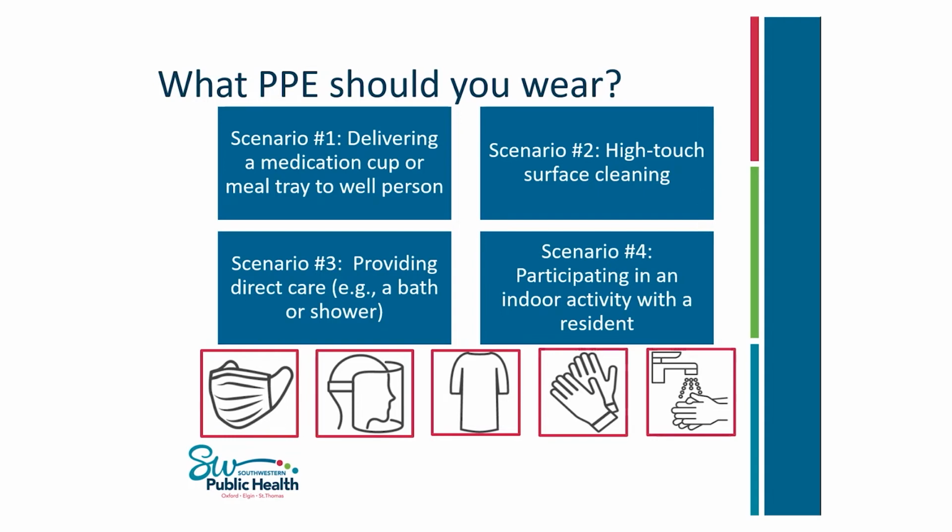And then finally, scenario 4, something that we're all really excited about now that those indoor activities can resume. We can get together in small groups as long as the people are well. So if you're participating as a staff member in an indoor activity with a resident, what PPE are you now wearing?